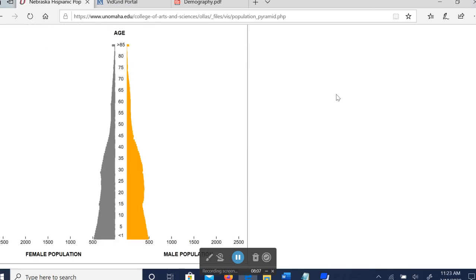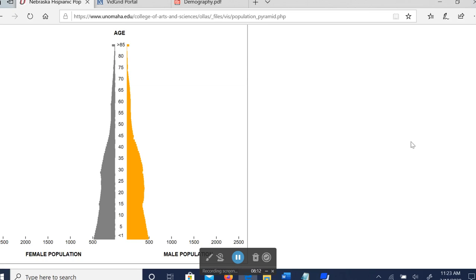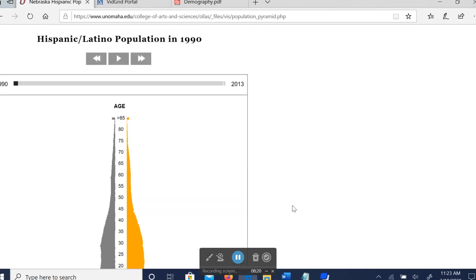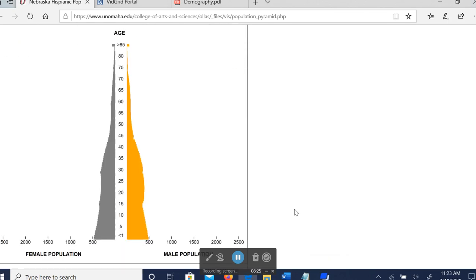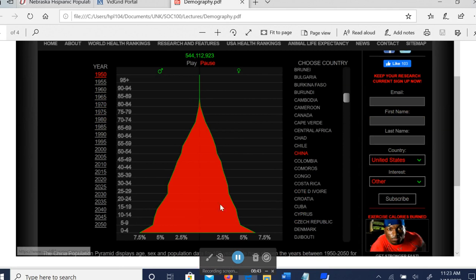Okay, here we have the number of Hispanic population in different age groups. So this is a population pyramid for Hispanics in Nebraska in the 90s. As you can see, this population pyramid in the 90s for Hispanics looks somewhat like a small triangle, like what we saw for Cuba is a bigger triangle here.